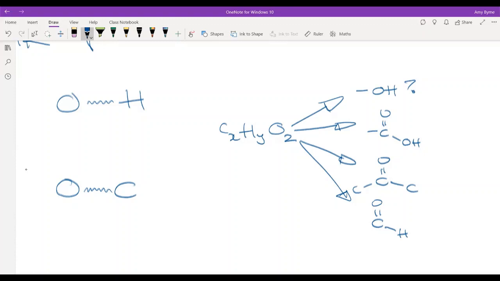Looking at the IR spec will help you work out which way your oxygens are in that compound. It's helpful to know what bonds you might be looking for before you start looking for them on an IR. So I would always go to IR after I've worked out the molecular formula.